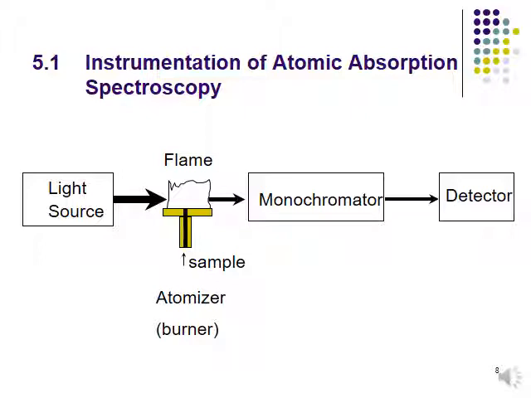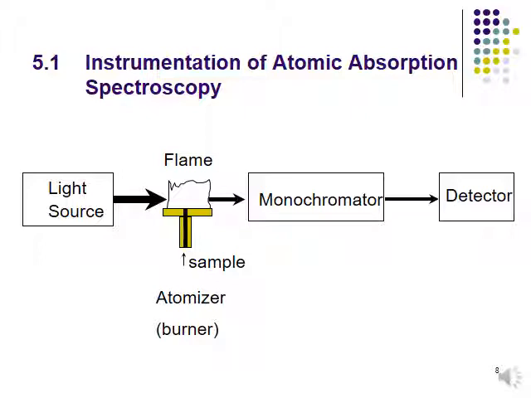Basically, when we talk about AAS, it does require a light source. This light source will provide a certain amount of energy to the atoms that are produced in the flame.